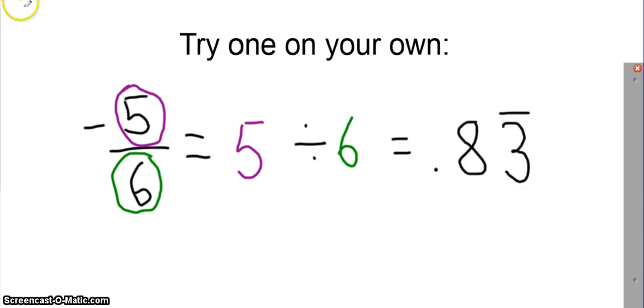If you notice, we actually have a line above the 3. If you think you know what that means, could you just jot that down in your notes? If not, we'll talk about it in class the next day.